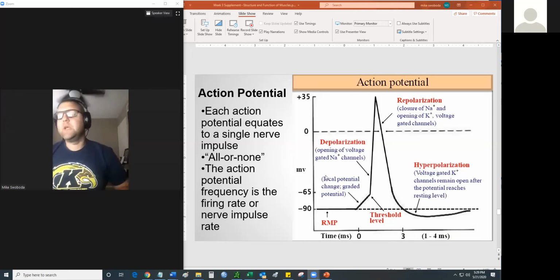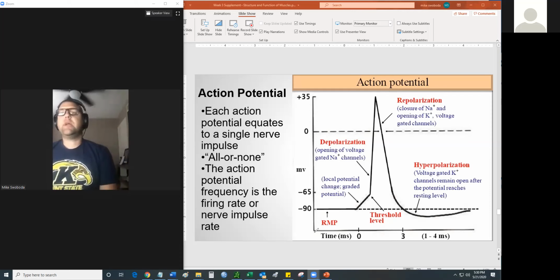You either get a complete nerve impulse or nothing occurs. Now, when your nerves are firing frequently, the frequency at which they fire is called your firing rate, or your nerve impulse rate. This is going to change based on the amount of motor units you have, where the nerve cells are, and what they're actually doing.